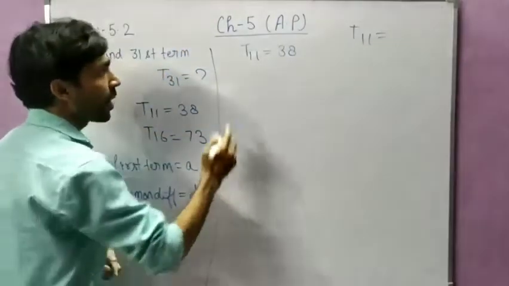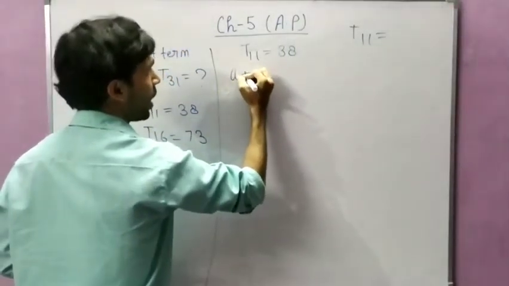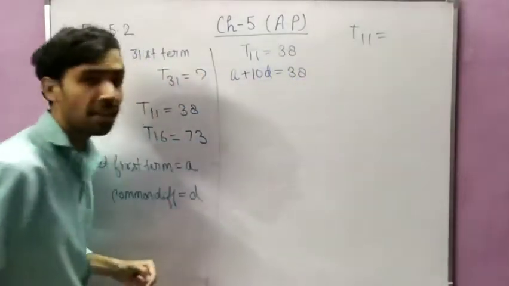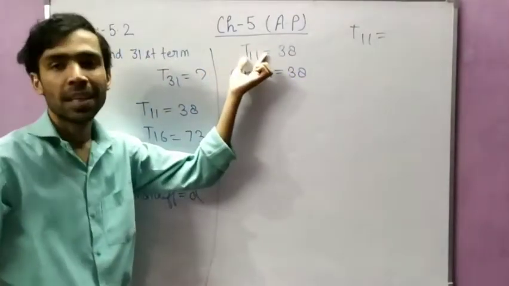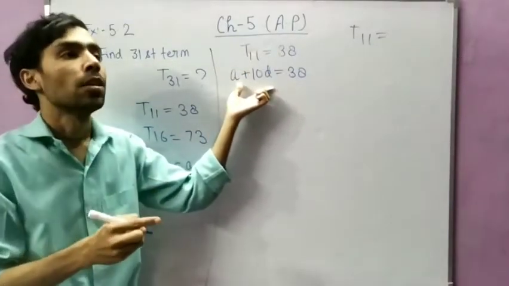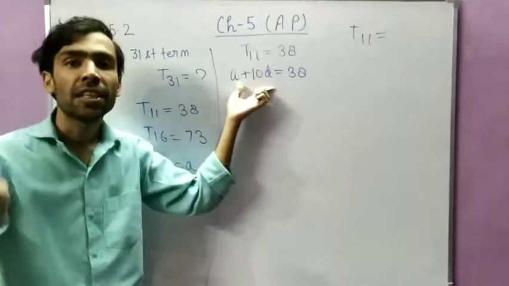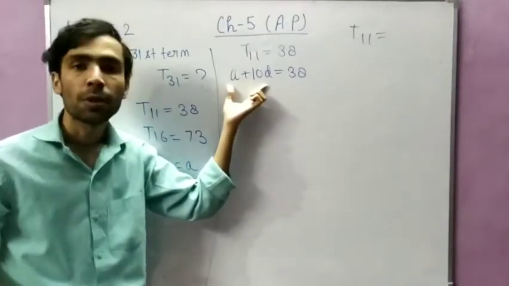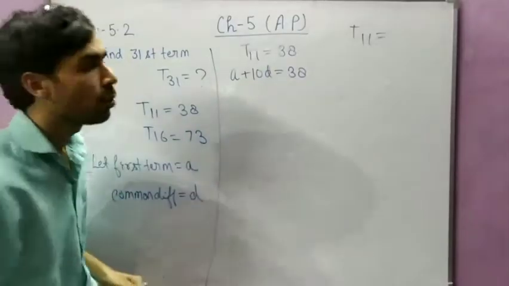So the 11th term can be written as A plus 10D equal to 38. When you put n equal to 11 in the nth term formula, you get the same thing. So A plus 10D equal to 38.